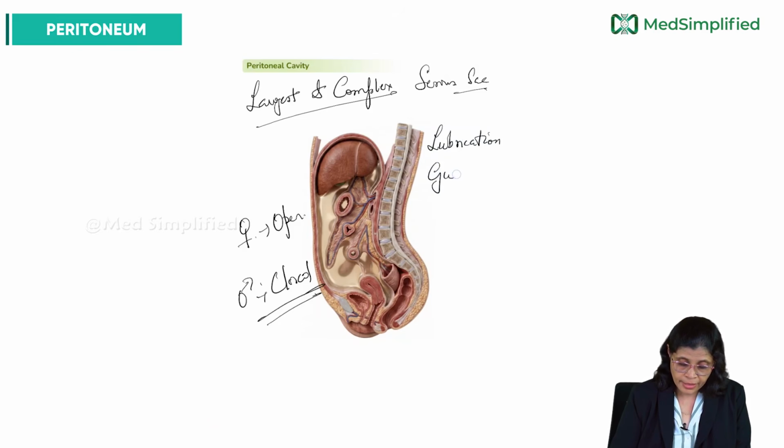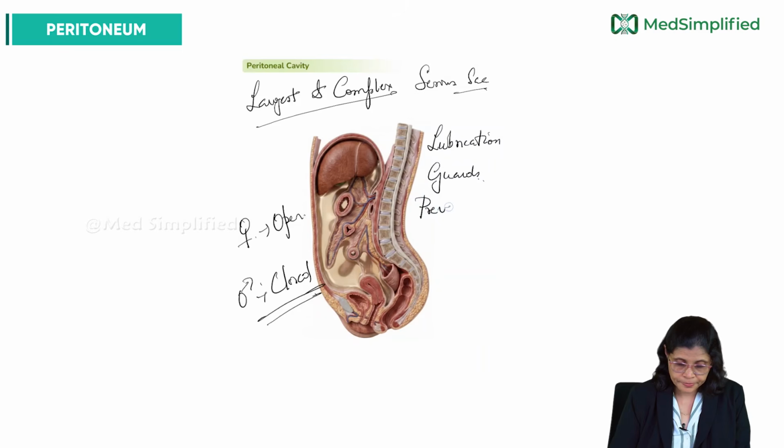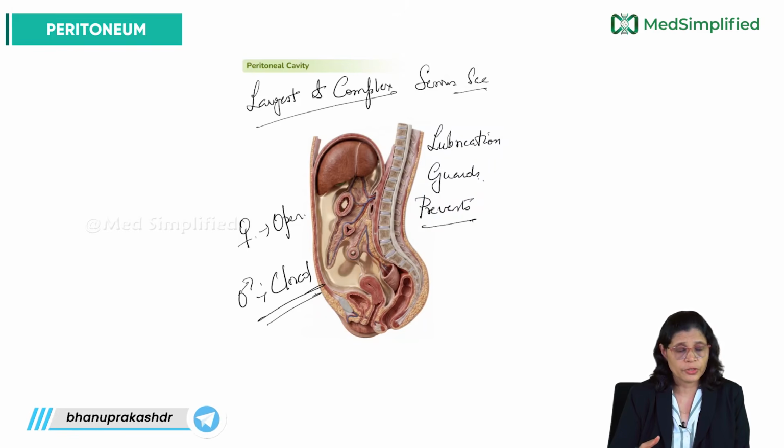Then it guards the viscera, protects the viscera against any infection. Peritoneum contains a large amount of phagocytic cells within its mesothelial lining, and it will protect the viscera. Then it prevents the spread of infection, just like how we saw the omentum sealing the infection site. So that is how it will prevent the spread of infection.